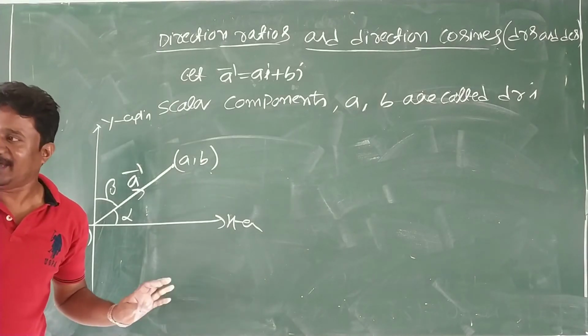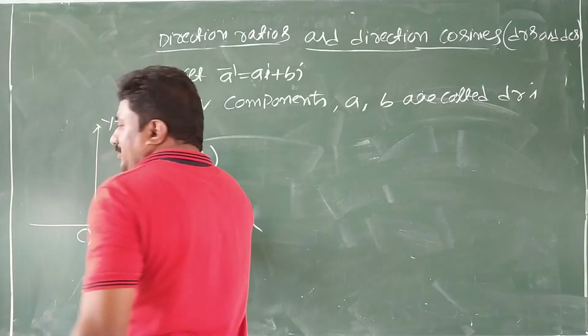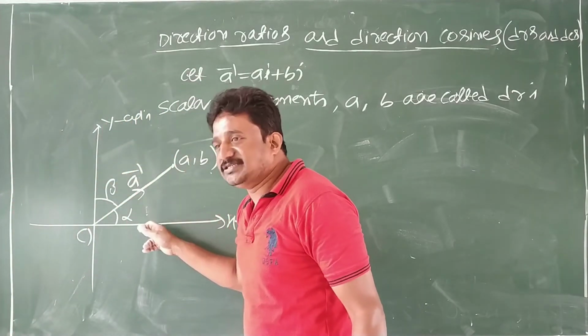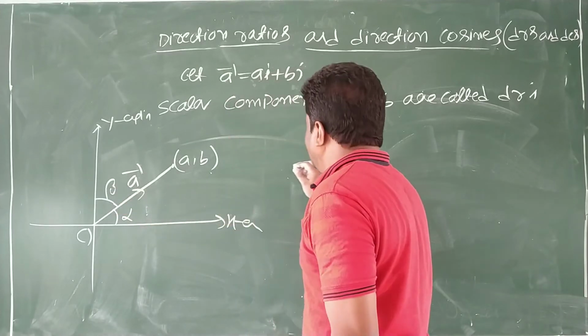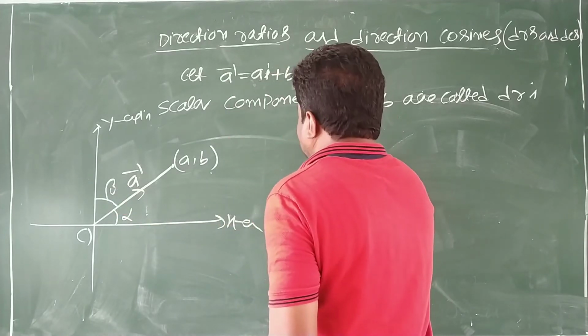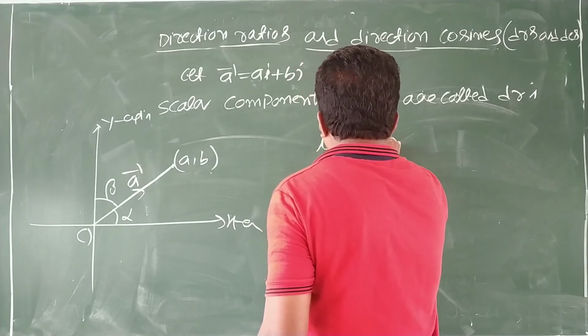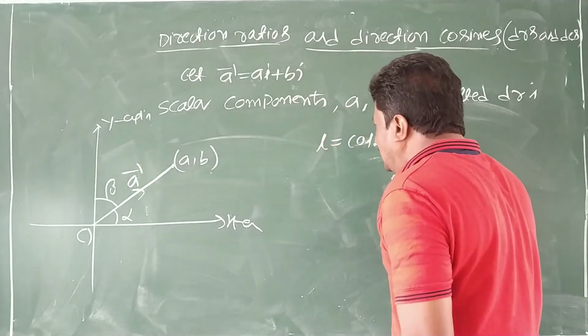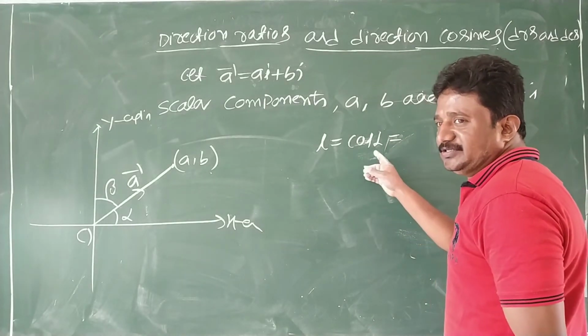Alpha, beta, gamma. Right? Okay. Look at this, students. This vector is making an angle alpha with x-axis, beta with y-axis. So l equals cos alpha.